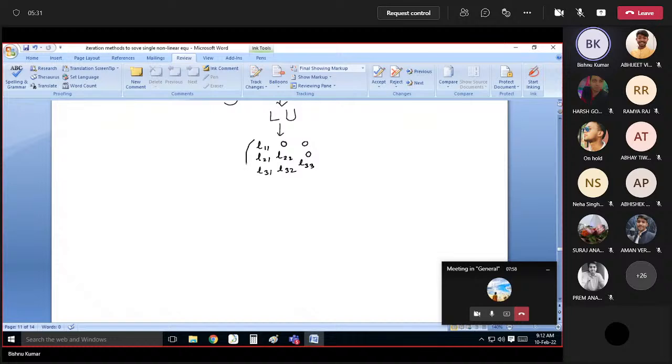This looks like a lower triangular matrix. Similarly, I consider the upper triangular matrix in the same way, but the elements above the diagonal are non-zero and those below the diagonal are zero. Suppose the diagonal is 1, 1, 1, and here u12, u13, u23, and zeros below.